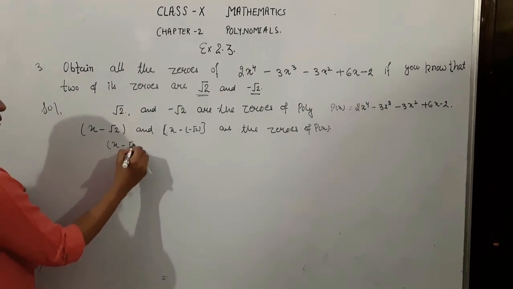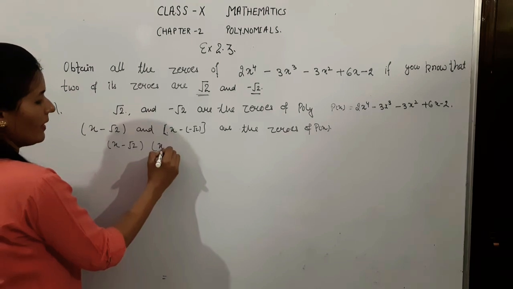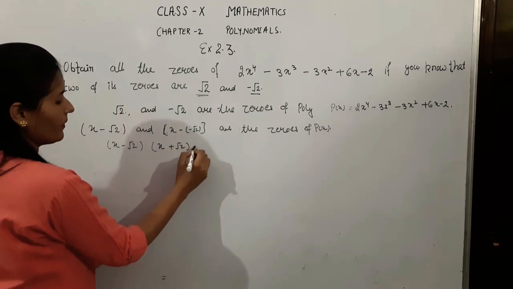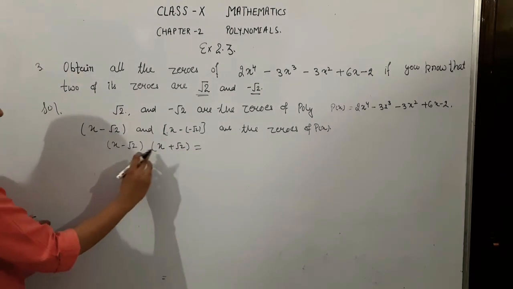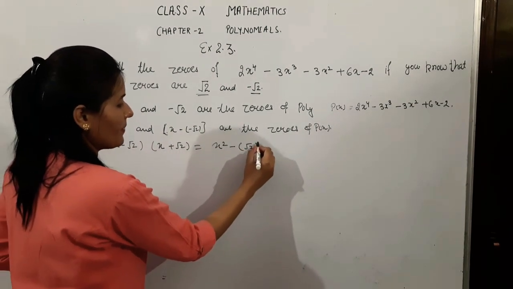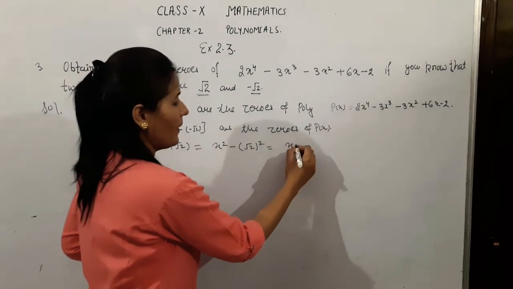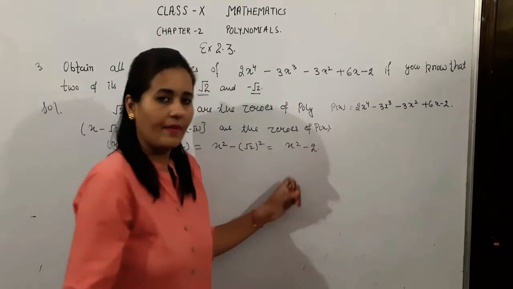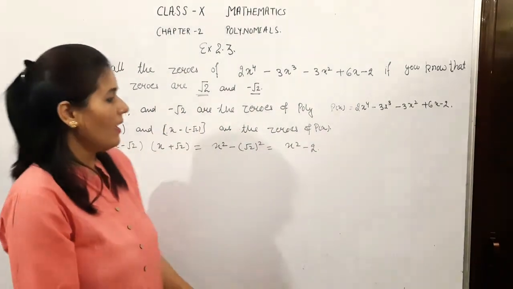x minus root 2 and this becomes x plus root 2. A minus b, a plus b will give you a square minus b square. x square minus 2 is the factor of p(x), right?